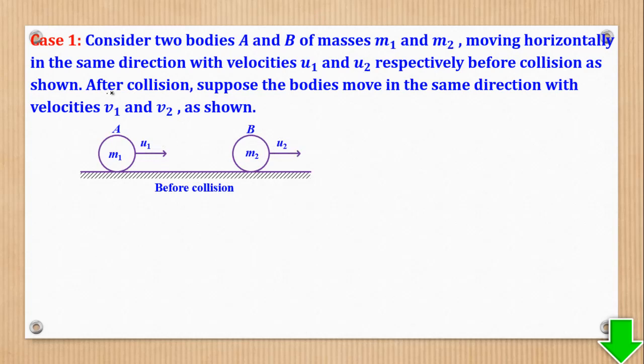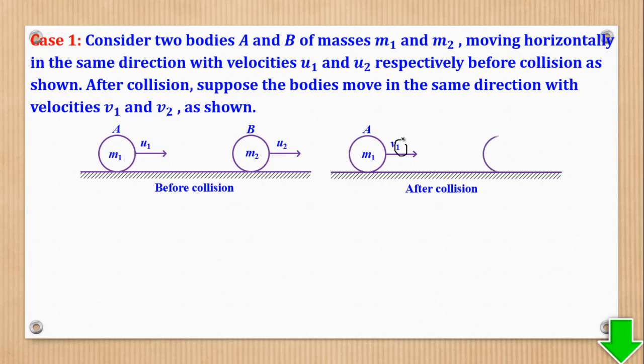After collision, suppose the bodies move in the same direction with velocities v1 and v2 as shown. So that is called elastic because they move with different velocities. So after collision, you shall have particle A moving with velocity v1, particle B moving with velocity v2.